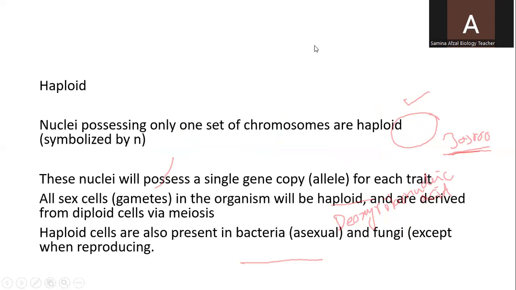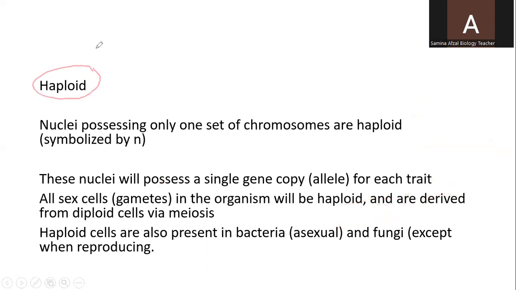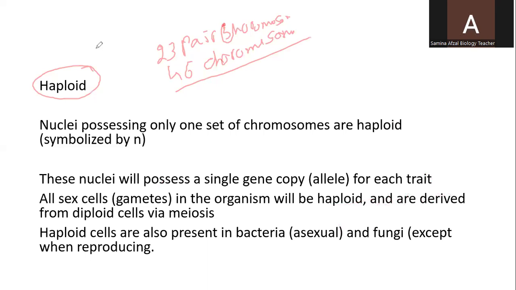In the next slide, we will discuss the word haploid. So first of all, I would like to tell you that the human cell contains 23 pairs of chromosomes, or 46 chromosomes.